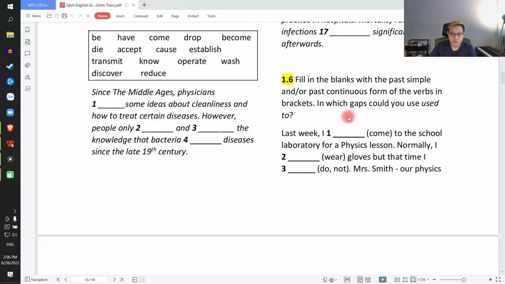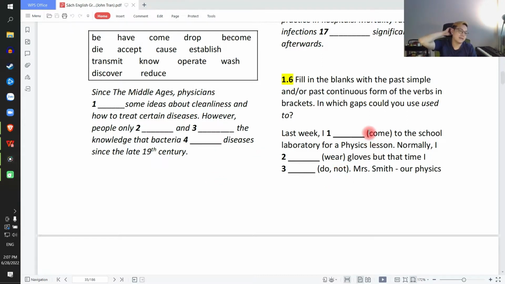In which gap could you use "used to"? Trong cái bài này các bạn phải điền vào những khoảng trống với thì quá khứ đơn hoặc quá khứ tiếp diễn của những động từ trong ngoặc. So basically they give you already the verbs, you do not have to choose whatever.